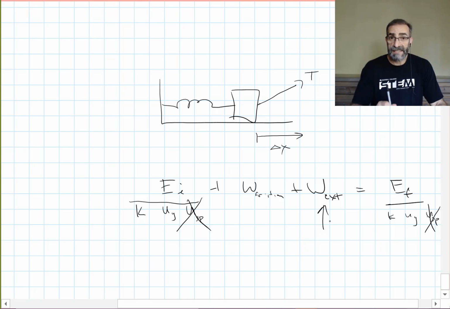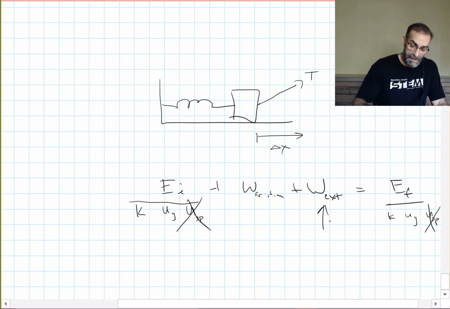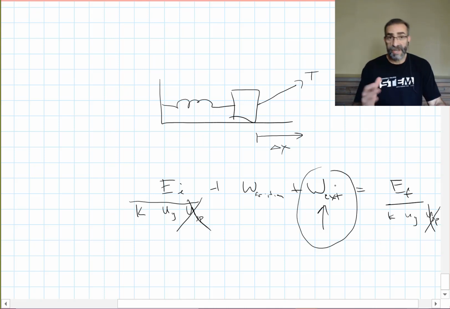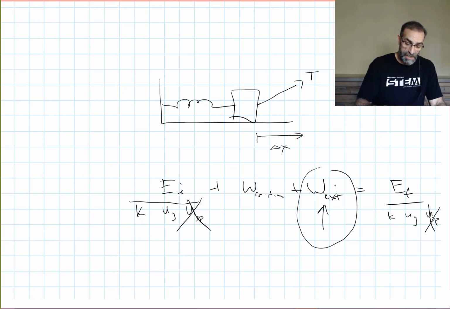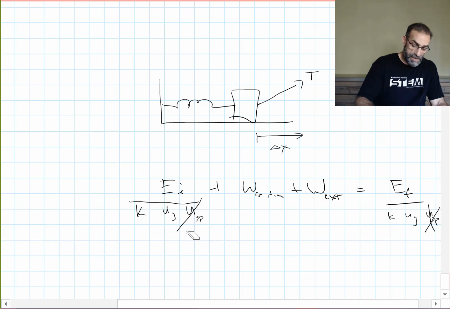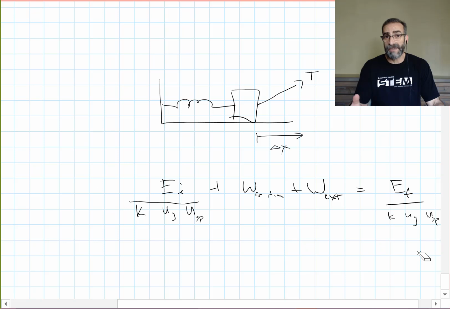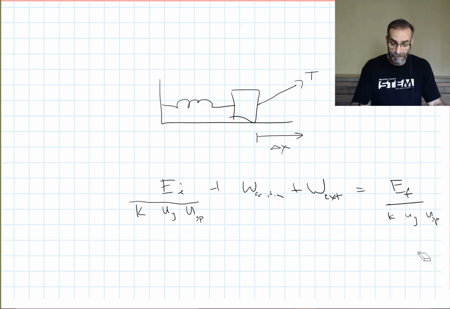See, it automatically shows up with the right sign on the right side of the equation if you use U spring. If you use work done by an external force, it's always on the left side of the equation. So you have to figure out whether it's positive or negative. Not that that's that difficult, but make sure you get your sign right. If you use U spring, it either has it at the beginning or it has it at the end. It's always positive. It works itself out. The equation gets it right.